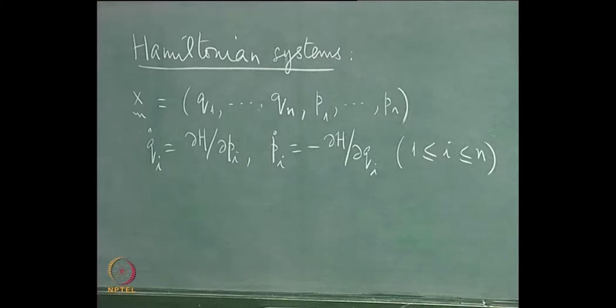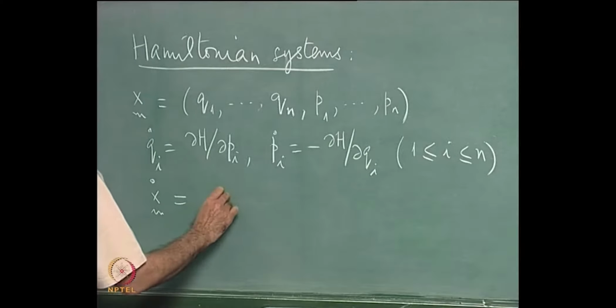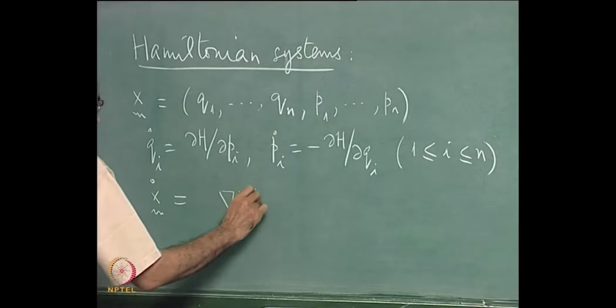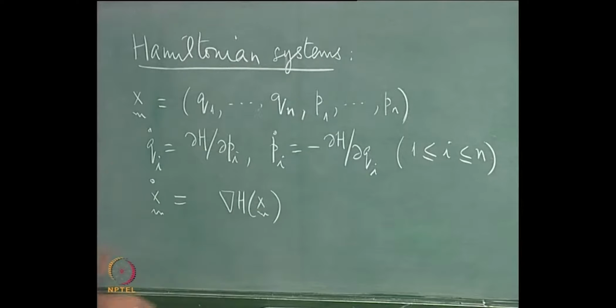We also wrote this by pointing out that the entire vector field on the right hand side governing the time evolution of the vector x, the phase space point x, is given by the gradient of the Hamiltonian, which is a function of all the q's and p's, multiplied by a certain matrix J, which we had written down.